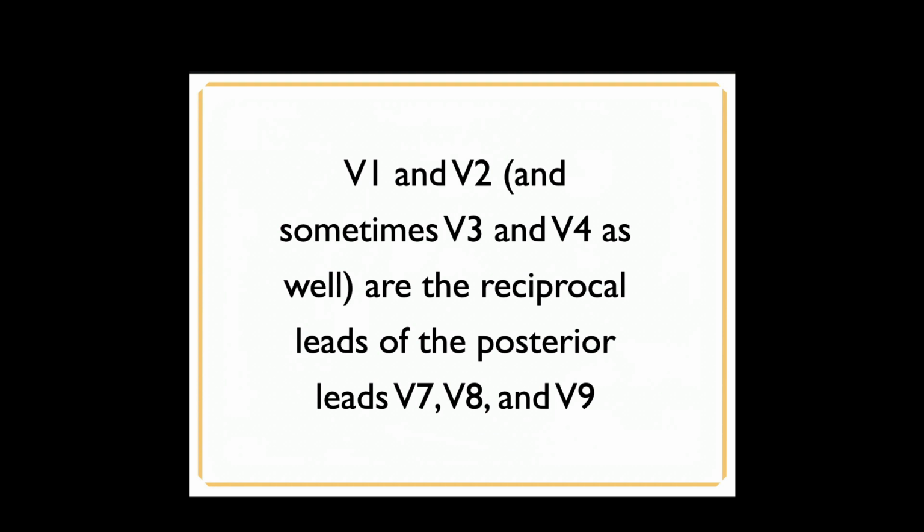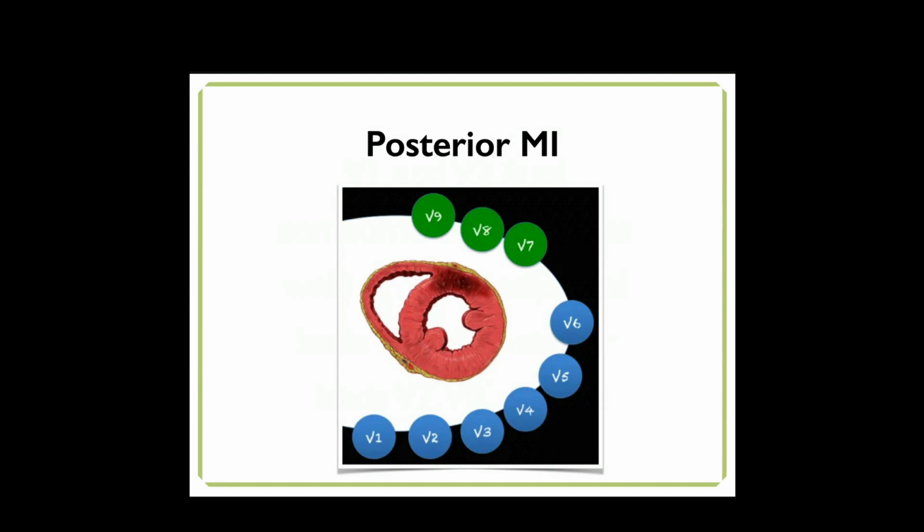So, just to summarize that, V1 and V2, and sometimes V3 and V4 as well, are the reciprocal leads of the posterior leads, V7, 8, 9. Again, another picture of that. You can see they're just directly across from each other.